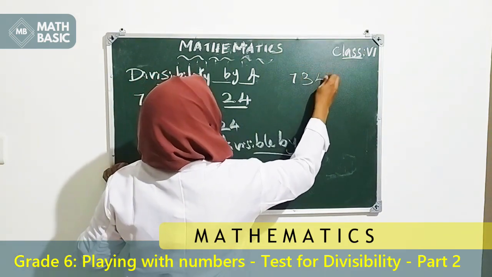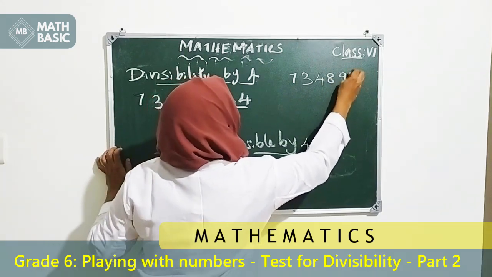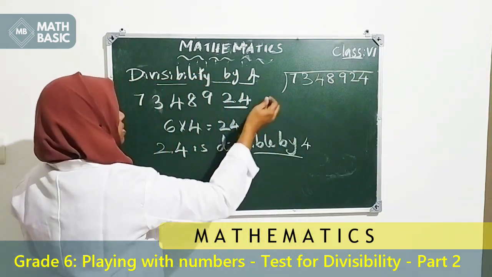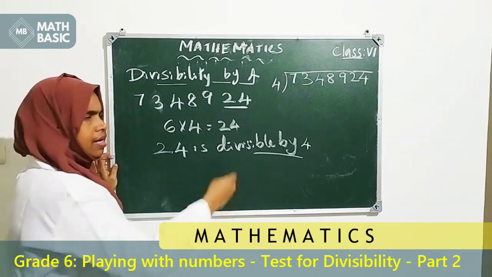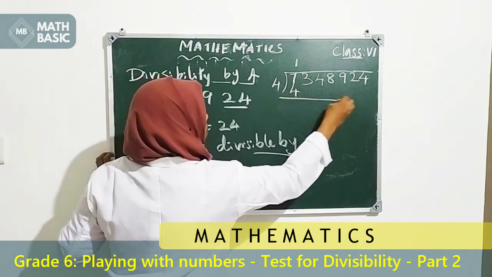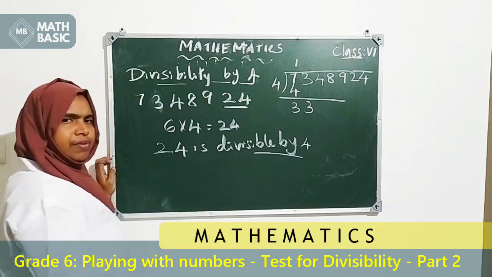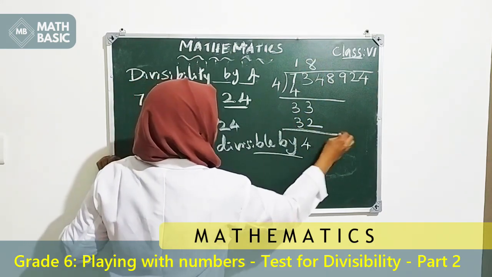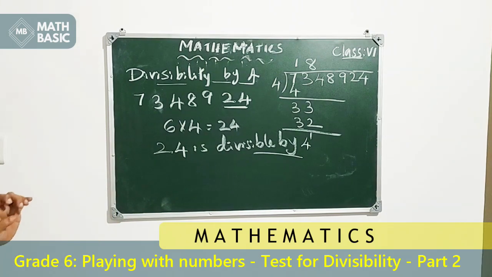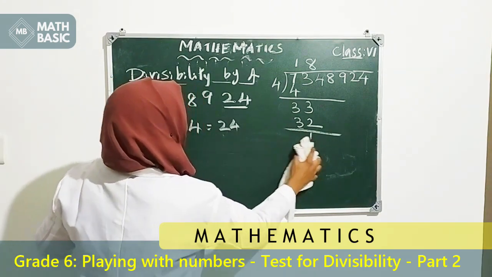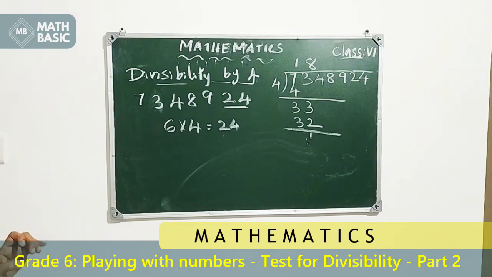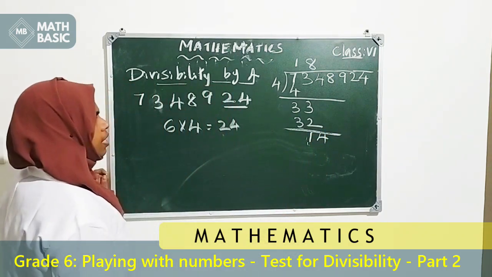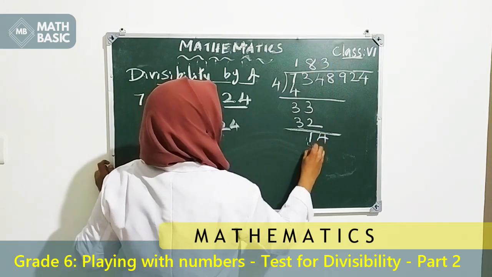Now just see how we can do this division: 7, 3, 4, 8, 9, 2, 4. You can understand how to get it. Here 7 divided by 4, 1 and remainder 3, again 34, 8 fours are 32, remainder 2. Then bring down 9. Then bring down 2, in 14 how many 4s? 3 fours are 12.